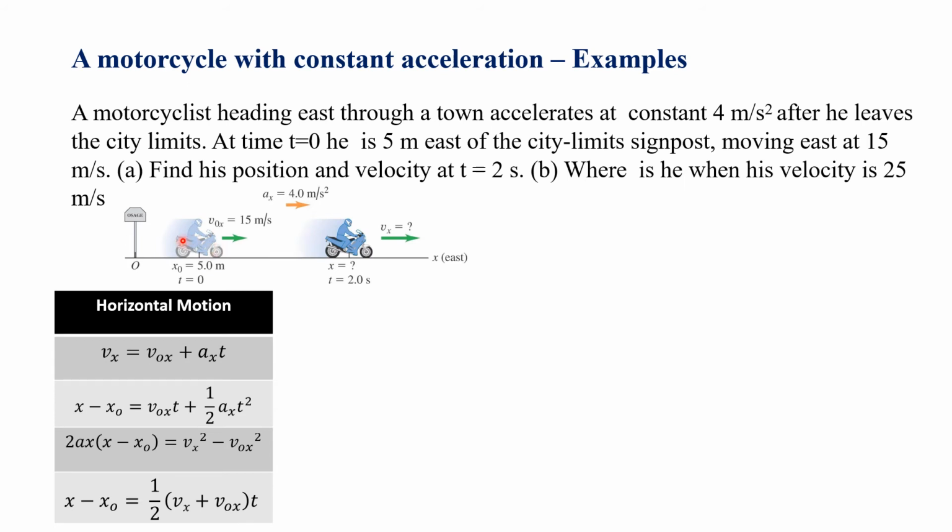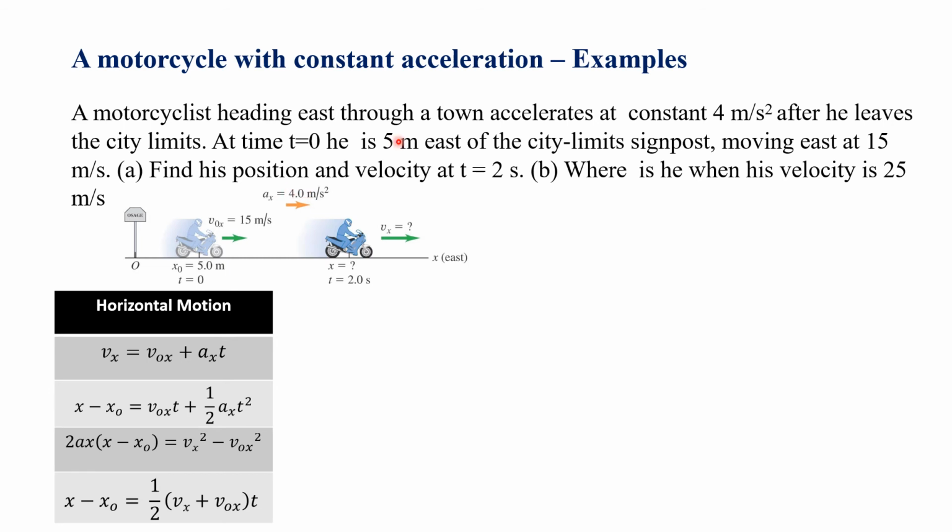This is your time equals 0, and then your x naught equals 5 meters point. At this point, your motorcyclist is moving east at 15 meters per second. So he has an initial velocity of 15 meters per second. Again, he moves at constant acceleration of 4 meters per second squared.